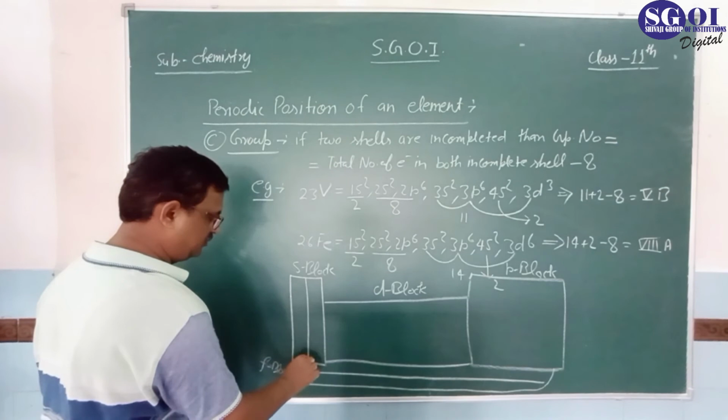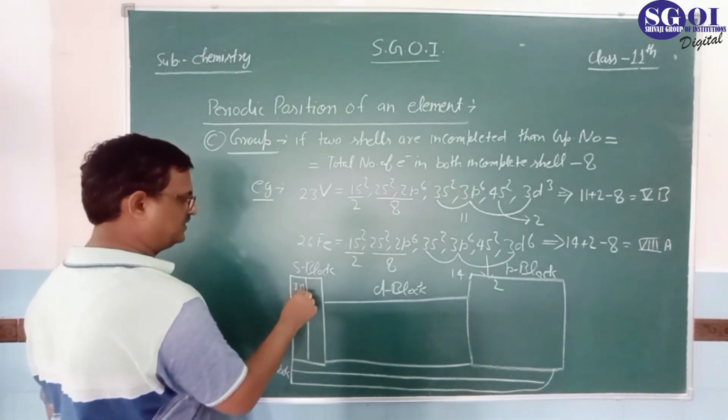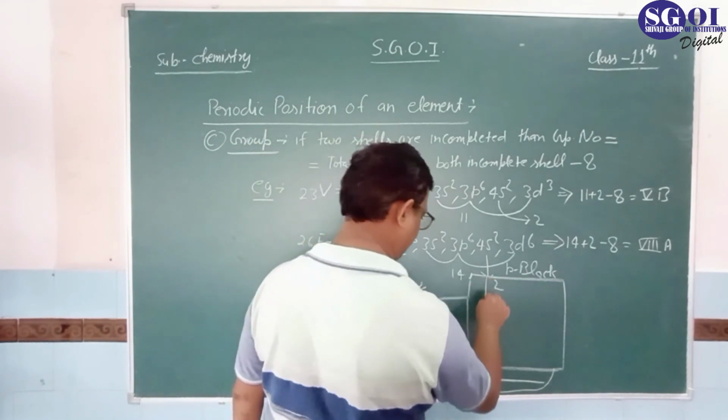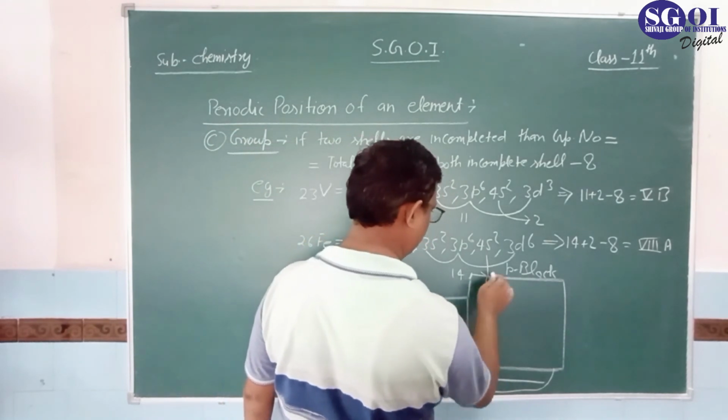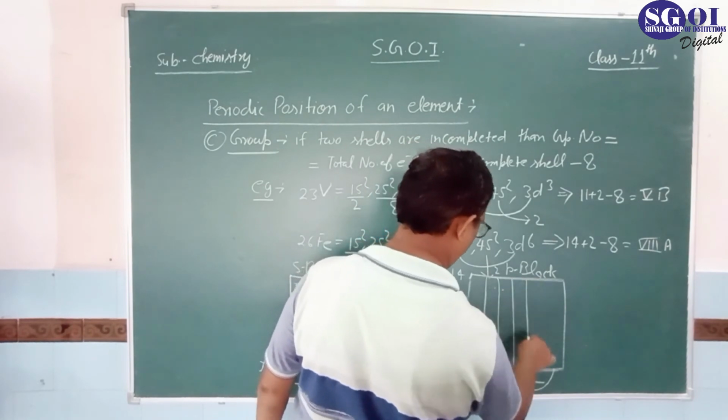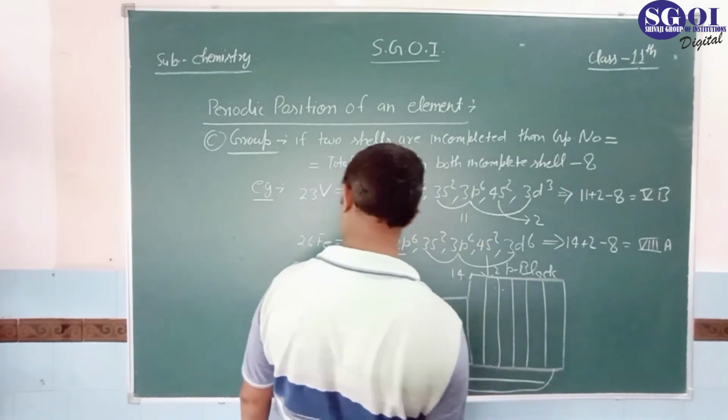S block contains 2 groups, first A, second A. P contains 6: 1, 2, 3, 4, 5 and 6.